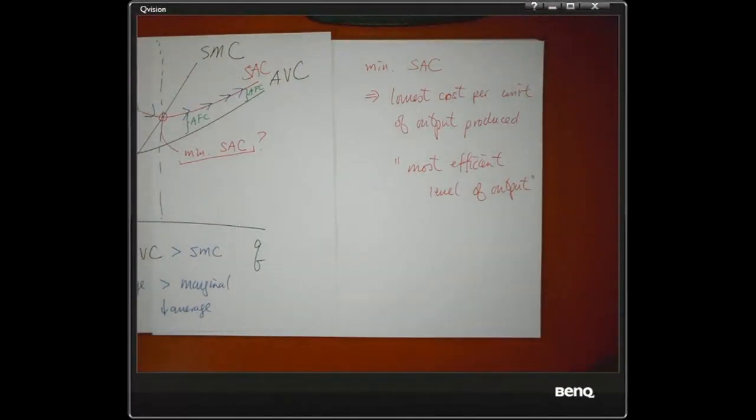Remember, efficiency and cost go hand in hand in opposite directions. When the cost is the lowest, that means you get the maximum efficiency. That is the most efficient.